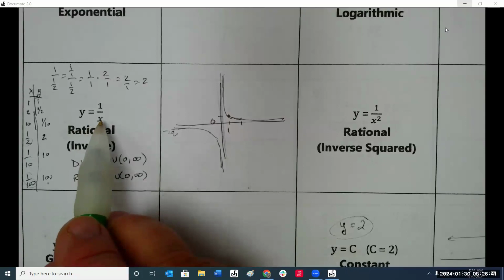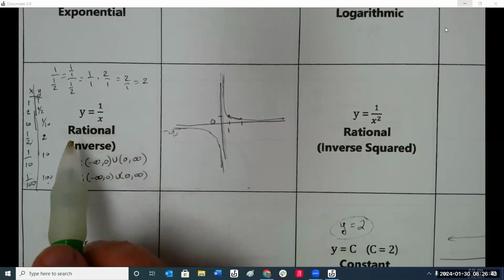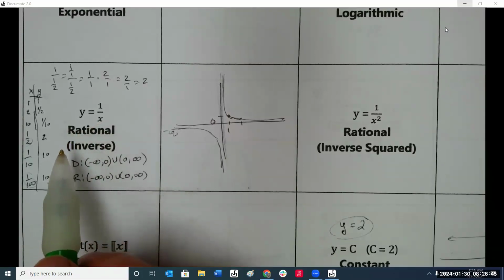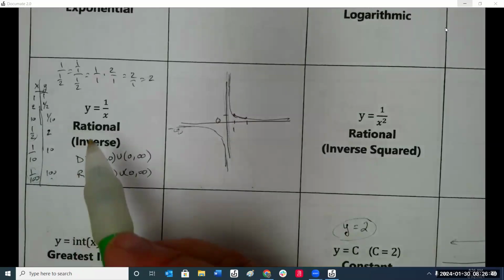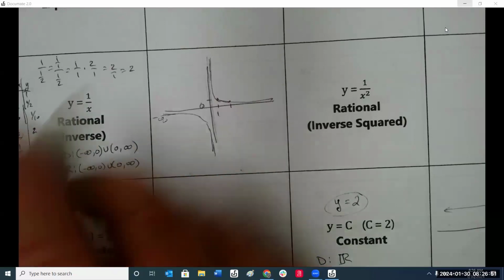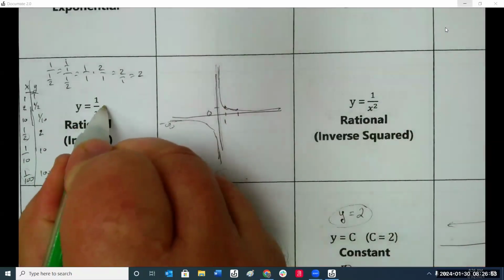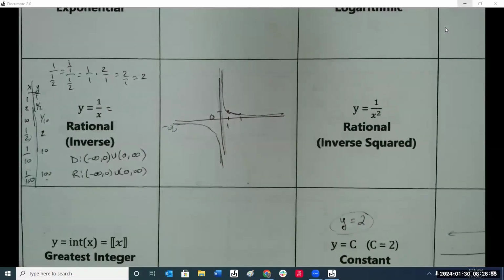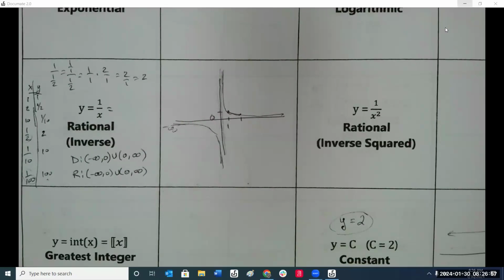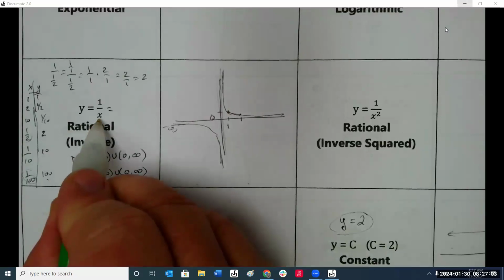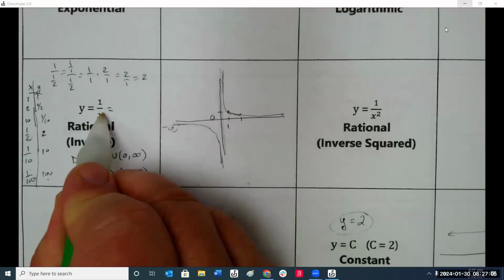Is this sort of an odd or an even function? Why? Very good, yes, that's exactly why. Because if we were to rewrite this as an exponent, what would it be? What's the power on the x? 1.